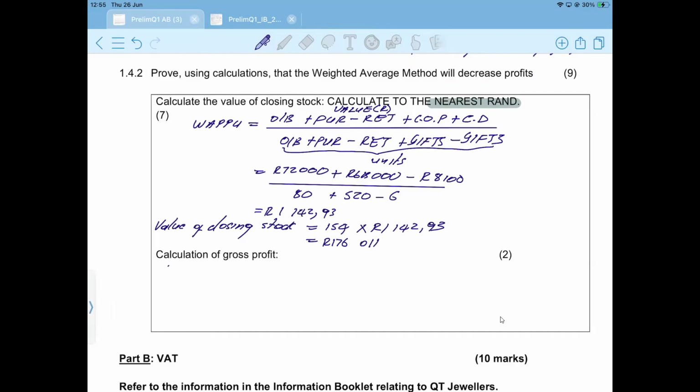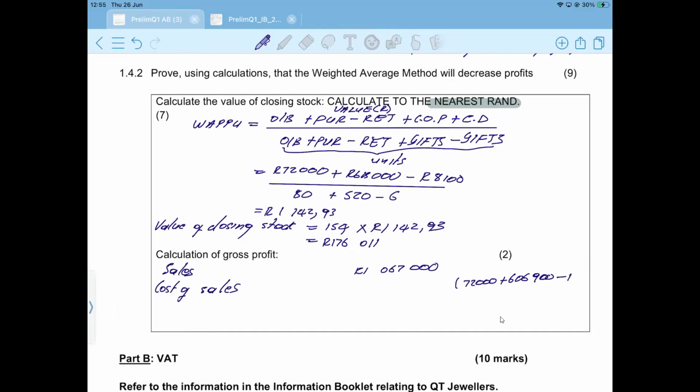To calculate your gross profit, you will still take sales, which amounted to 1,067,000. Then you minus cost of sales. You will get this by taking your opening, which was 72,000. You add your purchases minus returns. So let's see, 615,000 minus 8,100. It'll give us 606,900.